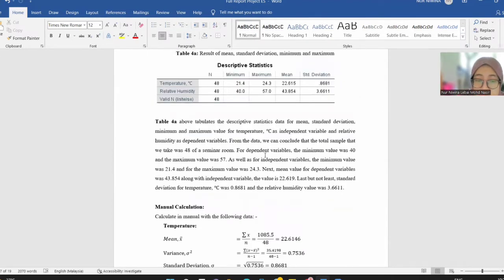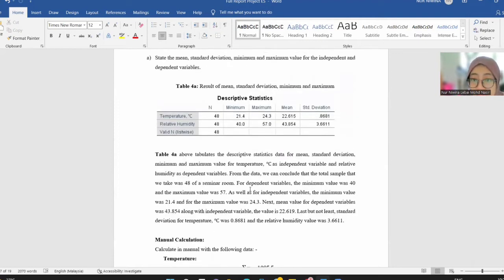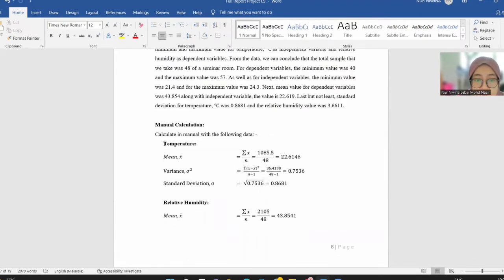We also did the manual calculation to find the mean and standard deviations. For the temperature, the mean is the summation of x divided by n, and we get 22.6146.